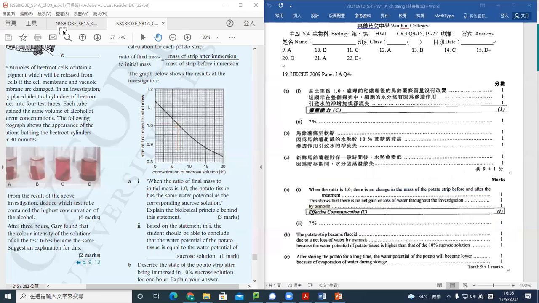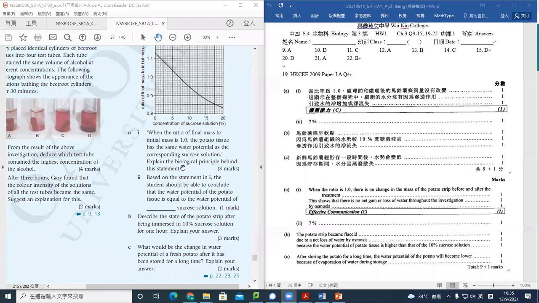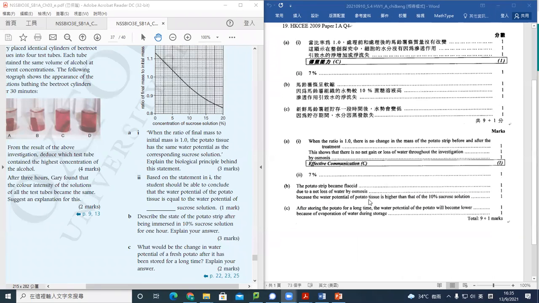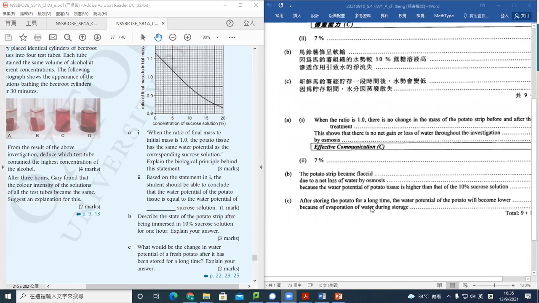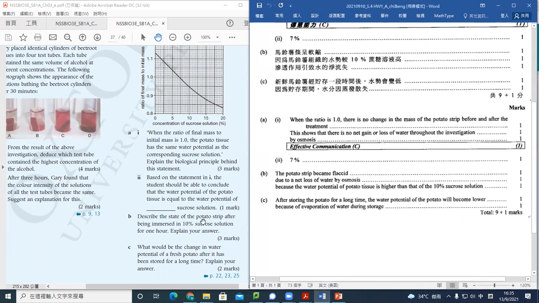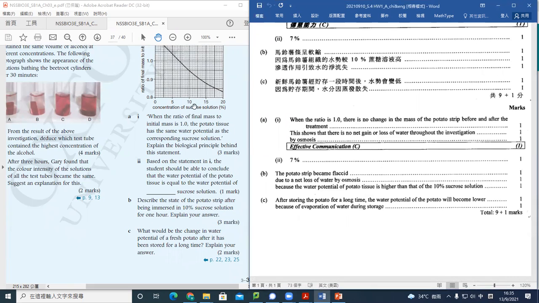So the last one, part B now. Describe the state of potato strip. By the state of potato strip, you have to describe the tissue. The potato strip became flaccid.